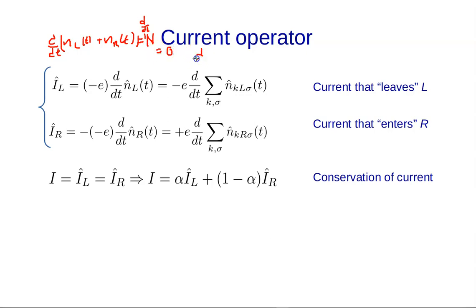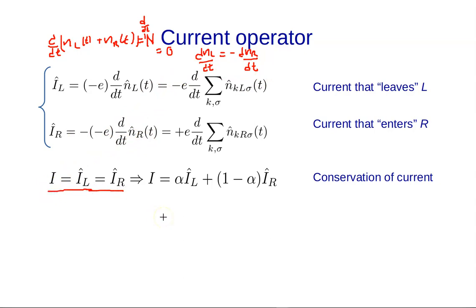That means that dN_L of t should be equal to minus dN_R of t. So if I define the current that leaves L as this, and the current that enters R with this minus sign, by the conservation of charge the total charge cannot change. It means that these two numbers have to be equal, because here I have minus e times d/dt of N_L, and here I have minus e times minus d/dt of N_R. So these two should be equal, okay?